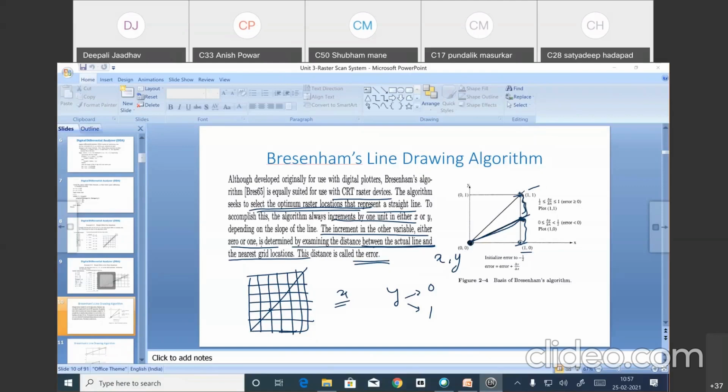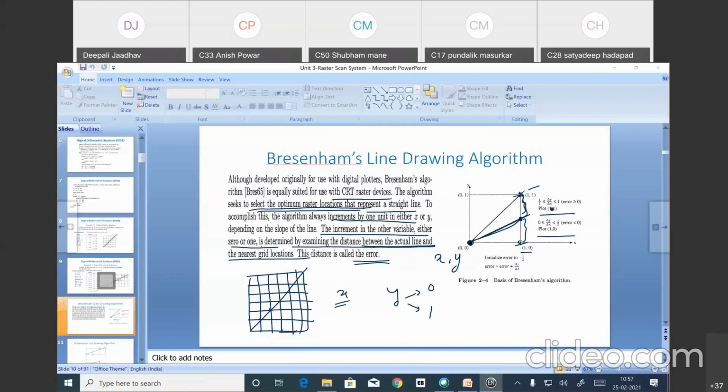So remember this thing. The equation is given here, is it visible? Yes. Here is the equation of the error, or how to identify the error. Delta y by delta x, what is it? Slope, y2 minus y1 upon x2 minus x1.